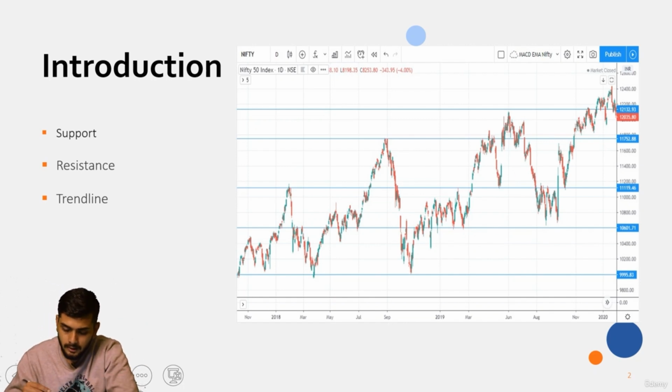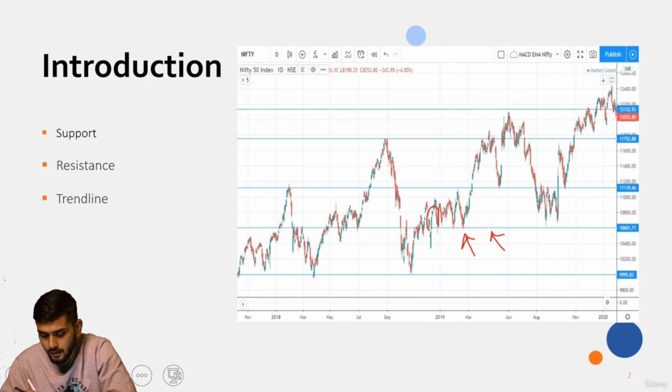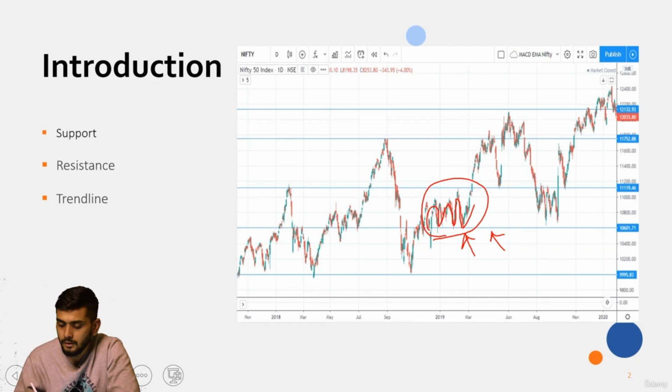Similarly, if we see at this point, the market is unable to go below it. This point is some sort of a support. The market is coming back here and going up again, coming here and going up again. So this will be known as support.